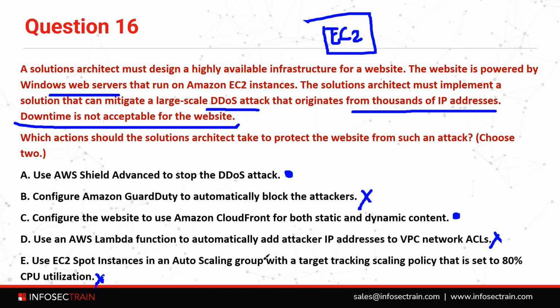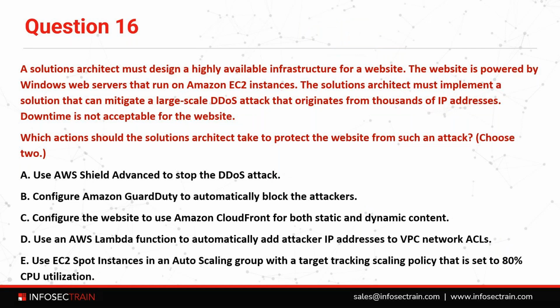That is the opposite of what we want; it will do even more damage. So this is not the one as well. The correct answer is going to be A and C. Final one. I hope everyone got the point.